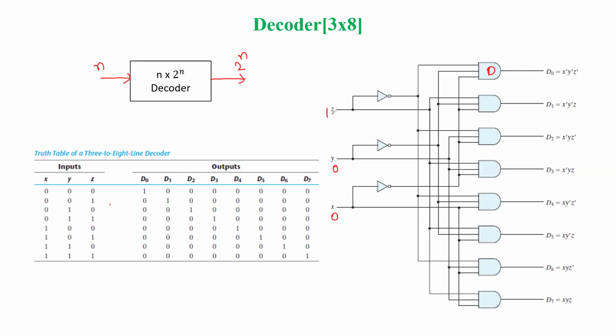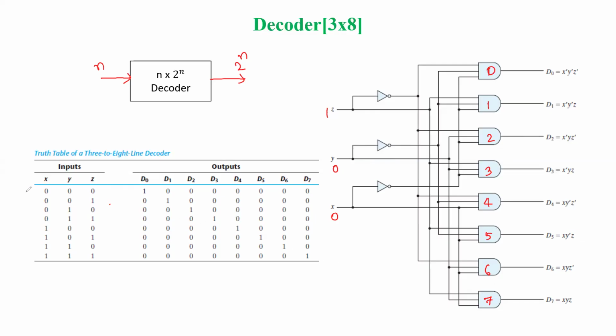Since Z is already 1, this Z will be connected directly to AND gate 1, and for X and Y, the inverted outputs are connected to AND gate 1. So whichever input is 0, for that we need to connect the inverted output to the corresponding AND gates. And if the input is already 1, then the direct input will be connected to the corresponding AND gates.